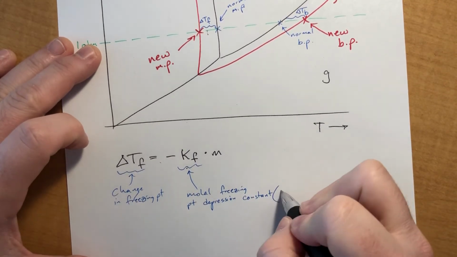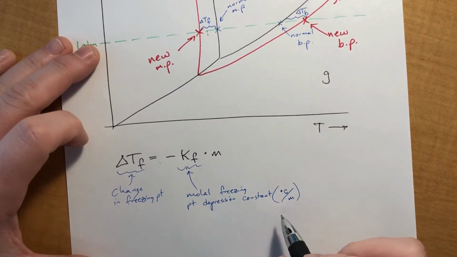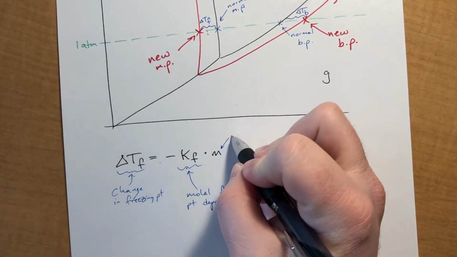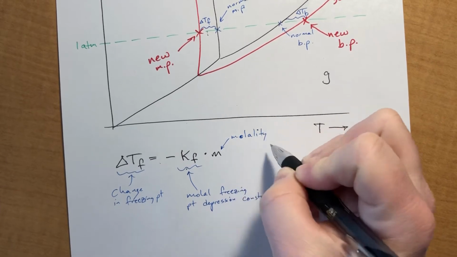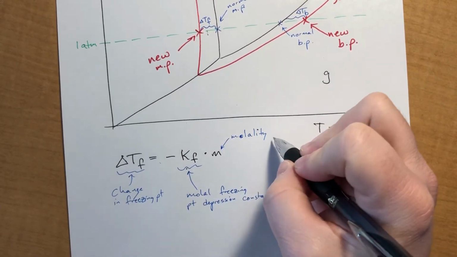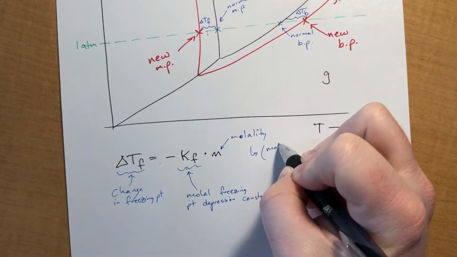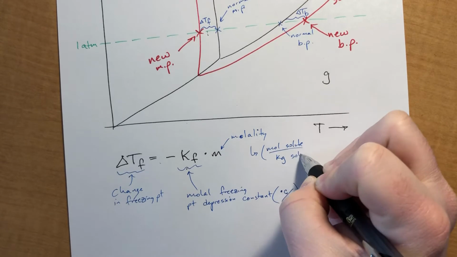The units on this are degrees C per molal, not per mole, per molal, because this is molality. Right. Okay, and we've seen molality in the previous video. It's equal to moles of solute per kilogram of solvent.